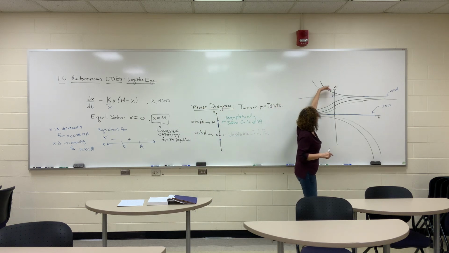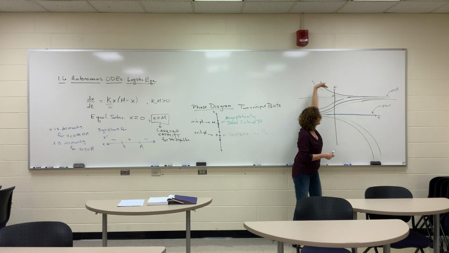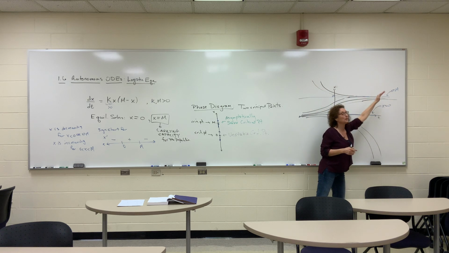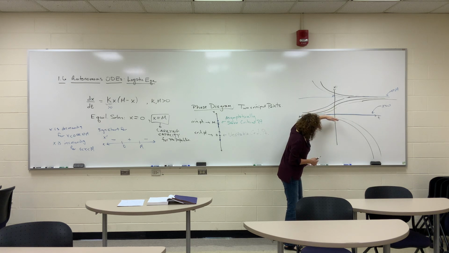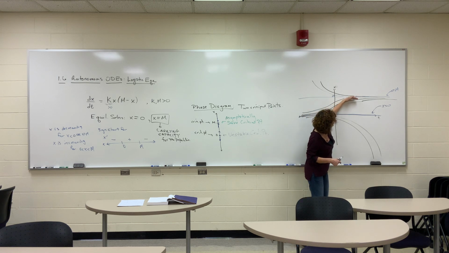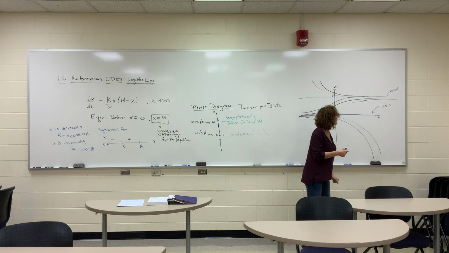If we start out with more numbers than M, what's going to happen? You're going to decrease as time goes on. You're going to end up with a population of M, right? If you start out with a positive number, in a realistic problem, then you're going to increase, but then you're going to taper off until you approach M, your carrying capacity, your total number of population, okay?